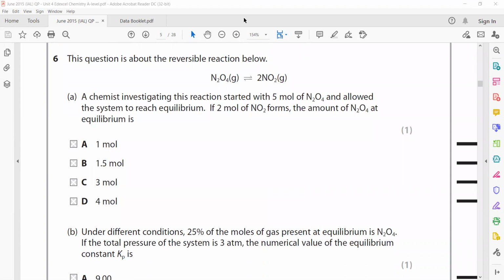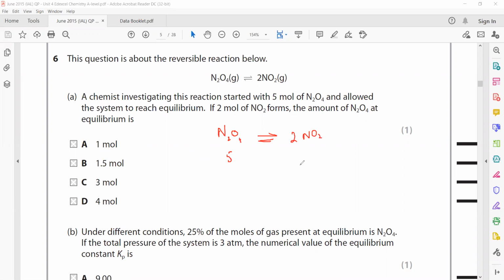This question is about a reversible reaction. N2O4 changes to NO2. A chemist investigated this reaction, started with 5 moles of N2O4 and allowed the system to reach equilibrium. If 2 moles of NO2 formed, what is the amount of N2O4 at equilibrium? So N2O4 changes into NO2.